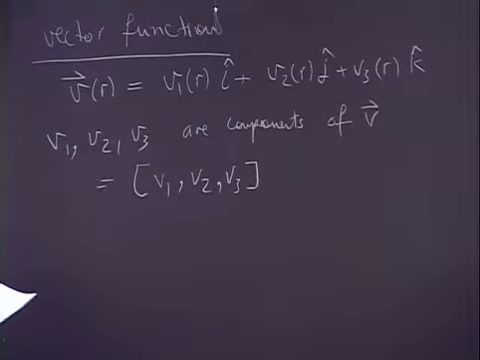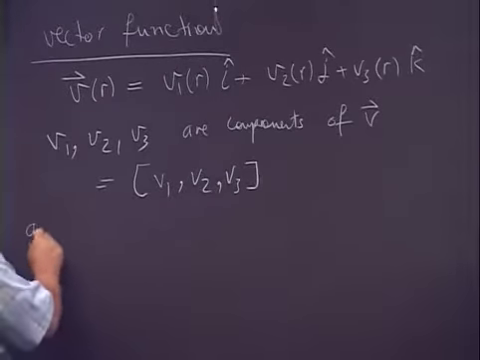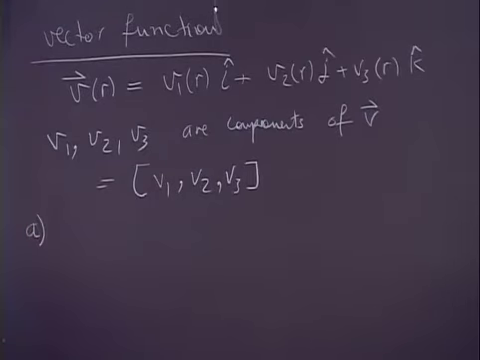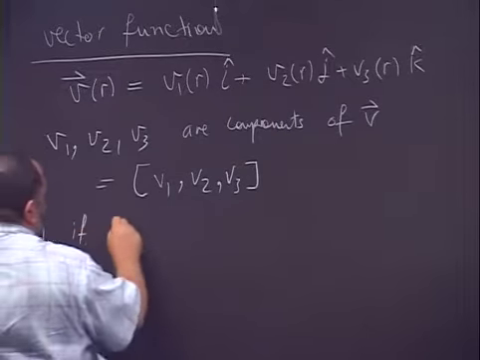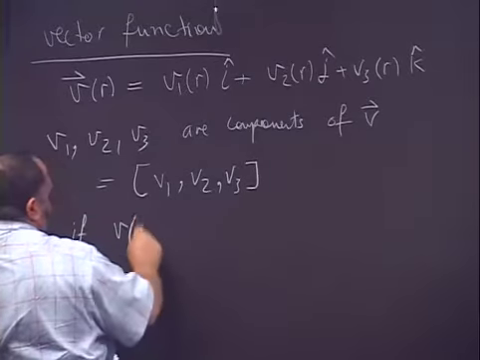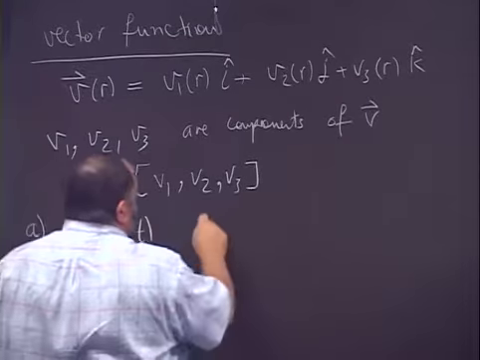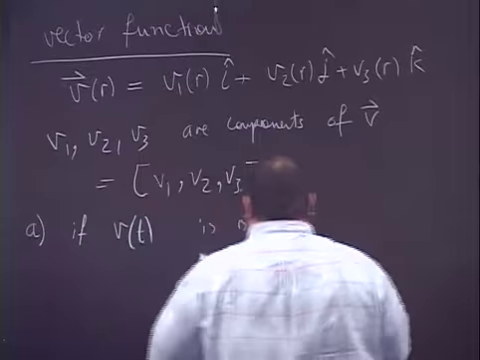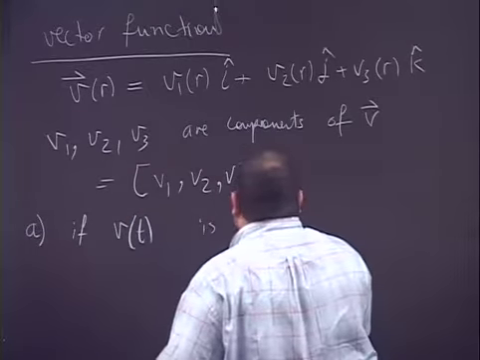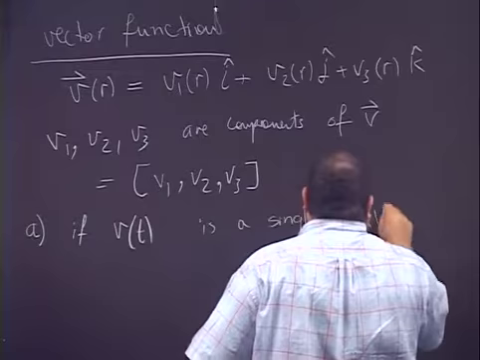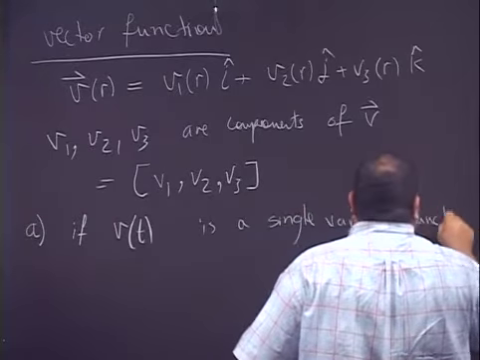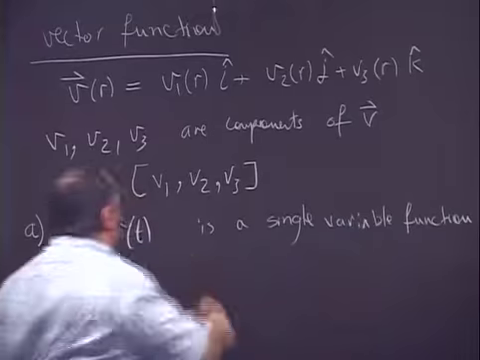If we want to do differentiation for a vector function like v, we will have several situations. The first one: if v of r is a single variable function, let's assume the variable now is t, time.